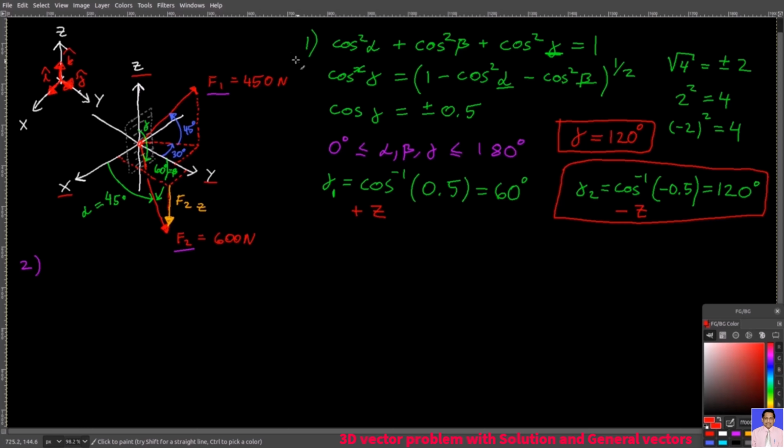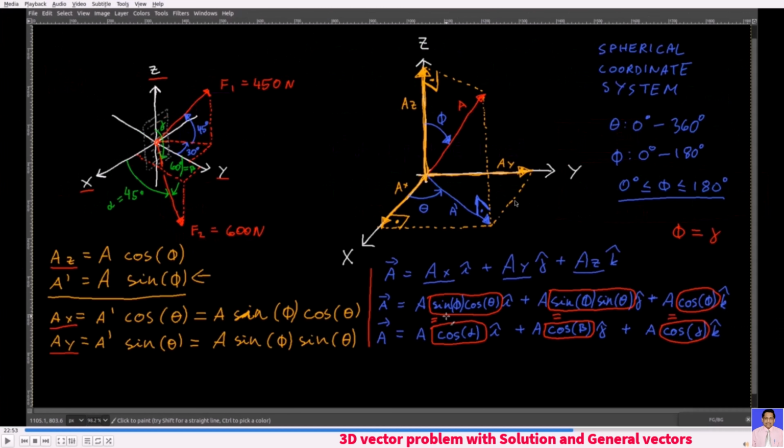Let's start with F1. In the previous video you learned about an alternative method to describe the direction of a vector, the spherical coordinate system. You had the magnitude of your vector, then a phi angle defined from the positive z-axis, and a theta angle defined from the positive x-axis, which rotated towards the positive y-axis.